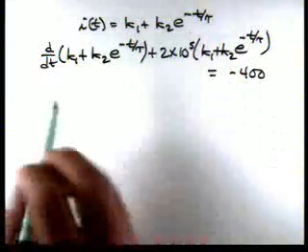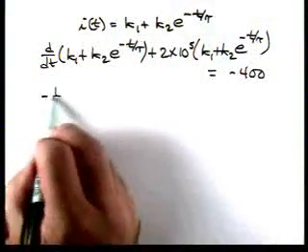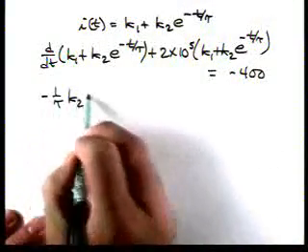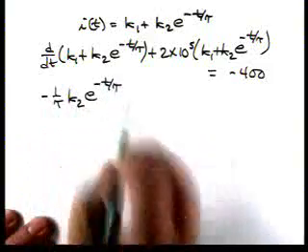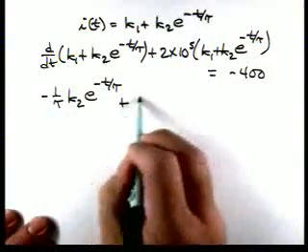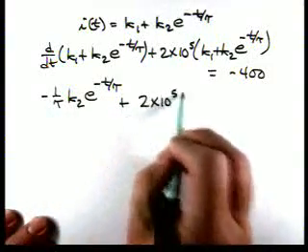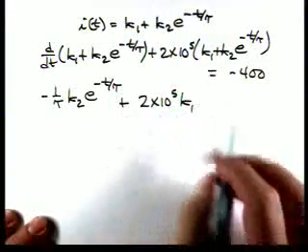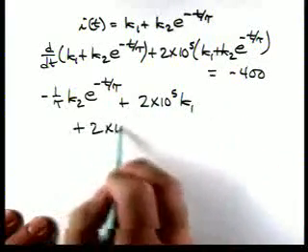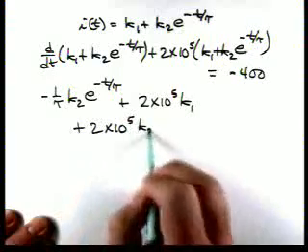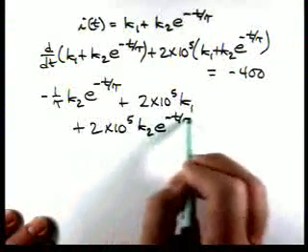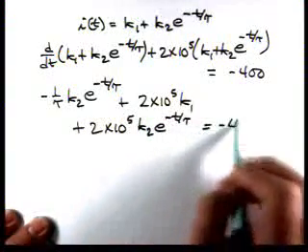So we'll have minus 1 over tau K2 e to the minus t over tau plus 2 times 10 to the 5th K1 plus 2 times 10 to the 5th K2 e to the minus t over tau is equal to minus 400.